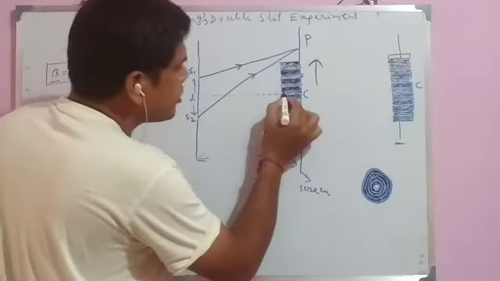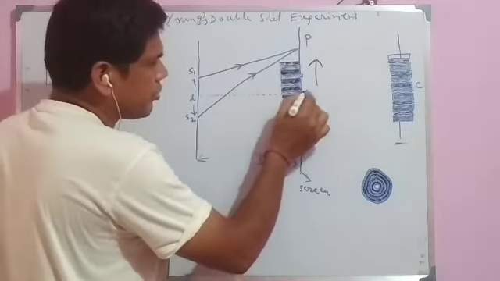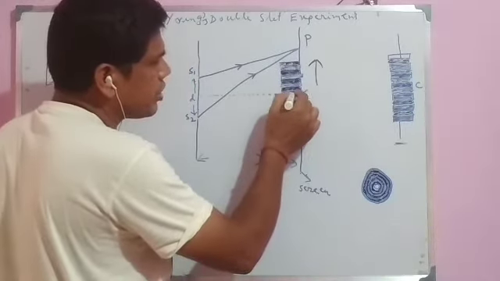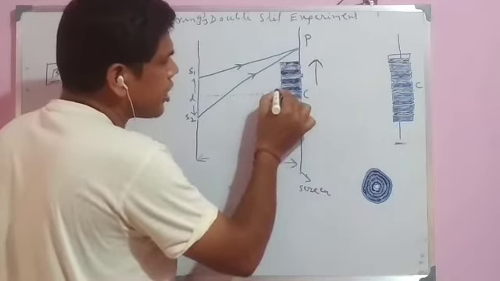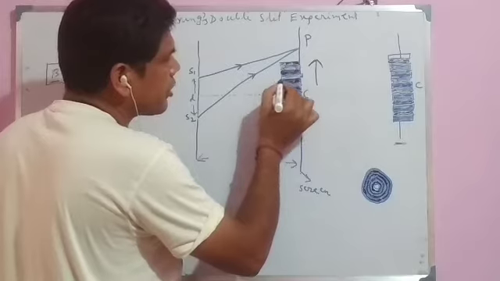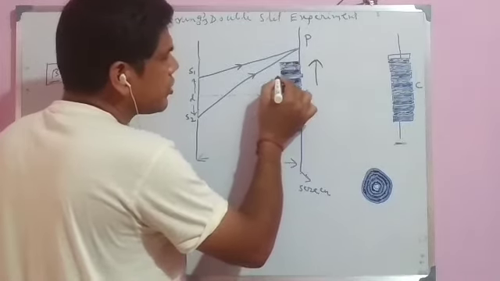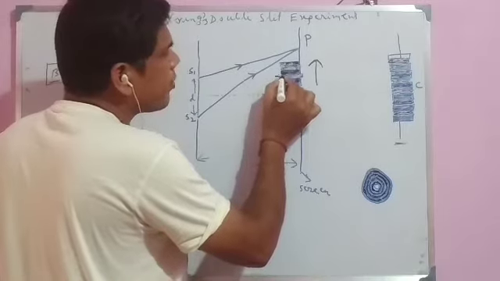This C is called the center, and at the center of the screen there is a bright fringe.